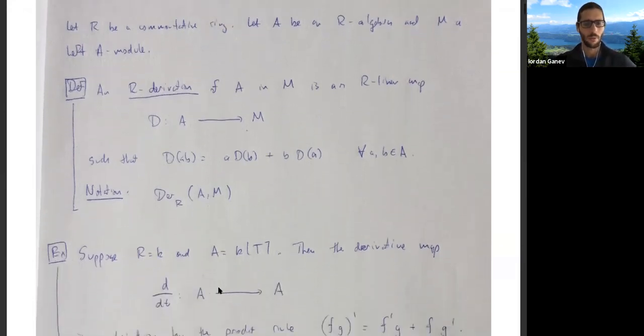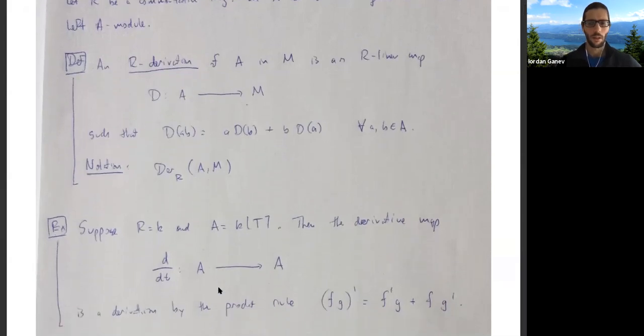So what's an example? The easiest example, and the motivating example, is taking derivatives. Let's say R is just our algebraically closed field and A is polynomials in one variable. Then we have the derivative map, which is an R-linear map. We don't need calculus to define it.